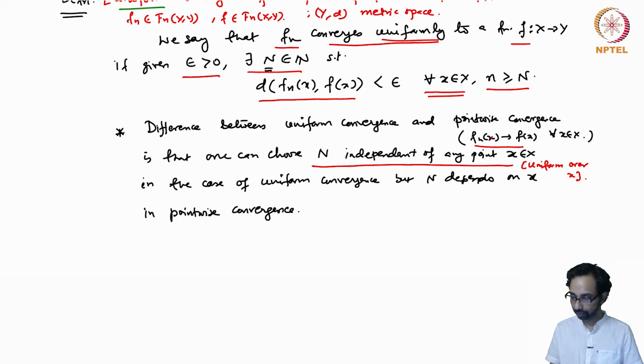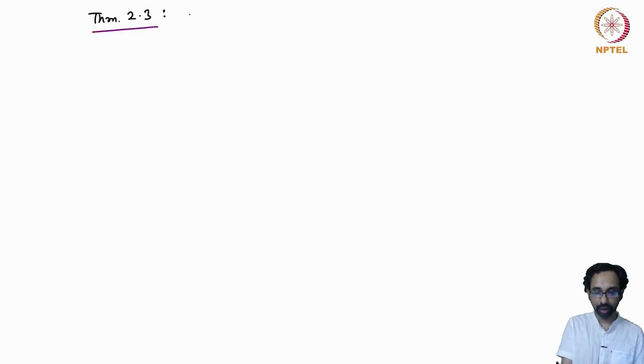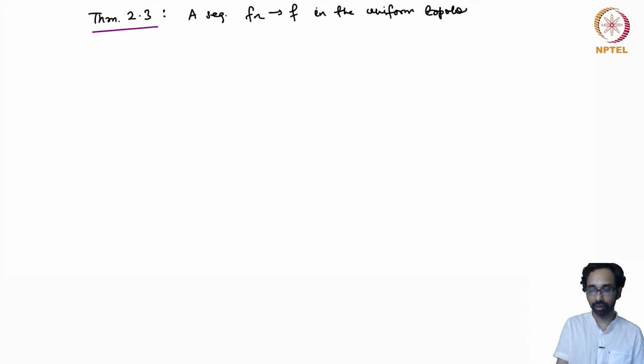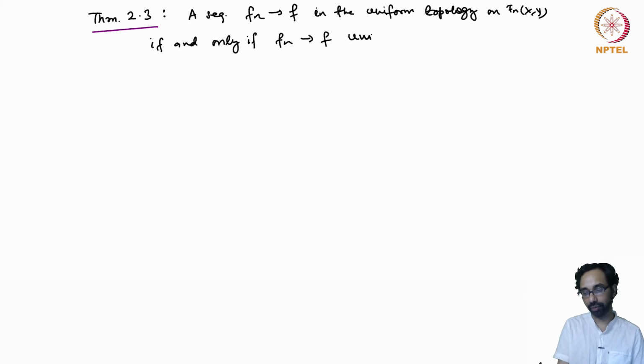And the relation between uniform convergence and the uniform topology, which I can write as a theorem, is that a sequence f_n converges to f in the uniform topology on F(X,Y) if and only if f_n converges to f uniformly.